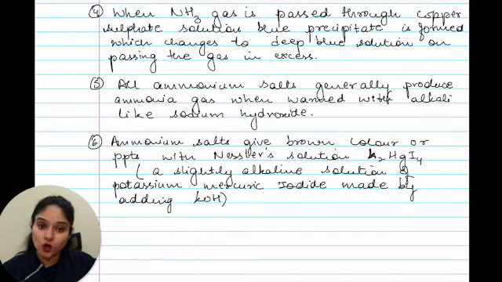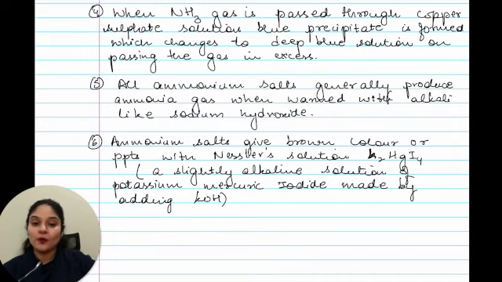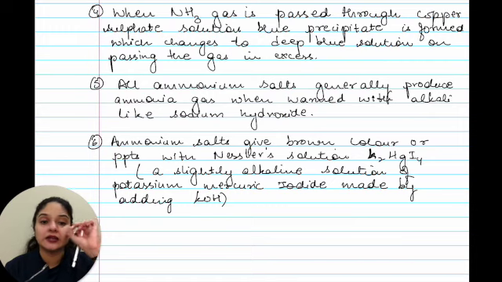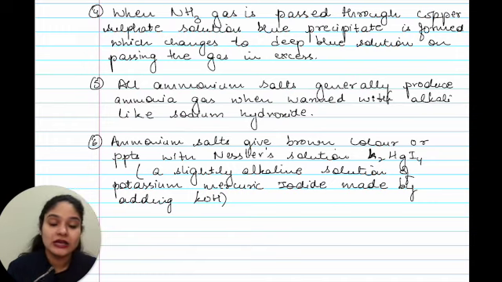All ammonium salts generally produce ammonia gas when warmed with alkali like sodium hydroxide. Last point, ammonium salts give a brown color or precipitate with Nessler's solution. What is Nessler's solution?